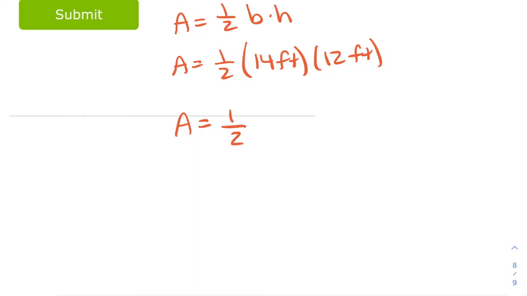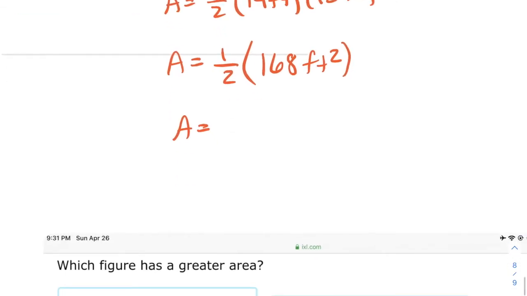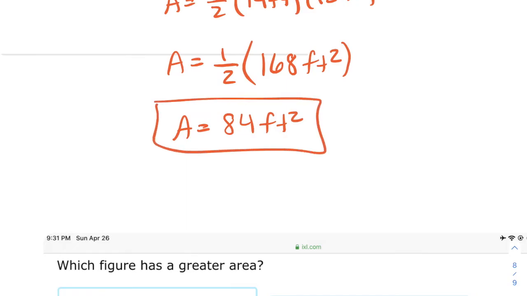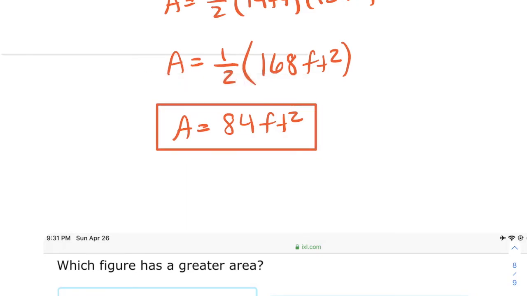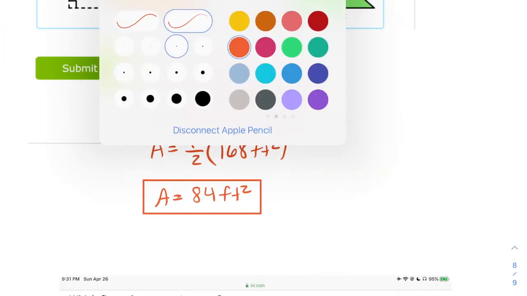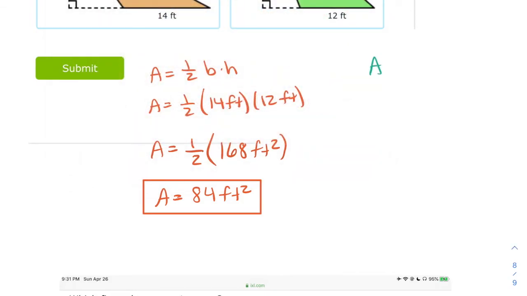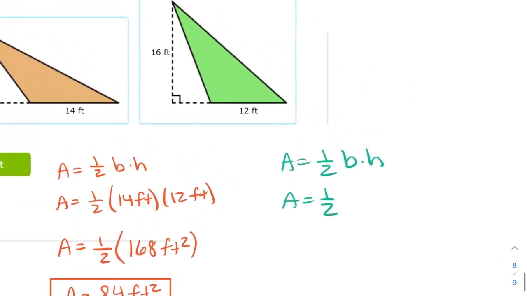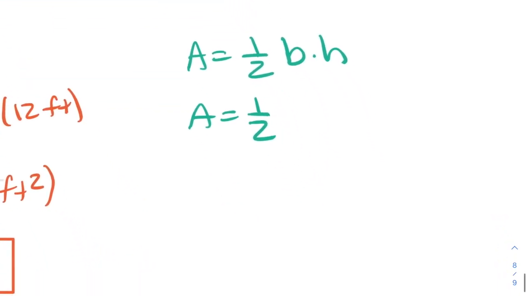So half of 168 feet squared is 84 feet squared. So I multiply my 2 feet to get feet squared in that one. All right, in my next one, I'm going to do area equals 1/2 base times height. So area equals 1/2 of 12 feet by 16 feet.